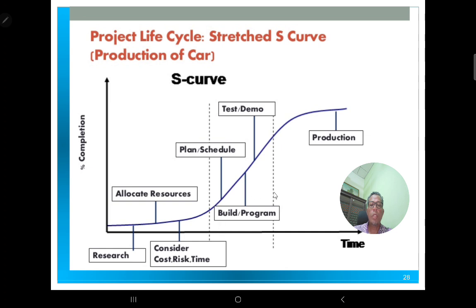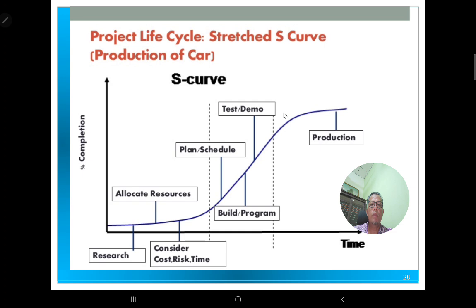At the implementation stage, you will see that the plan schedule has been prepared, and you can start to build or start the program. At the end of the execution, you will see some of the framework of a car should be available at this stage, where you can start testing or make some demonstration of the functionalities of the scope that you decided earlier.